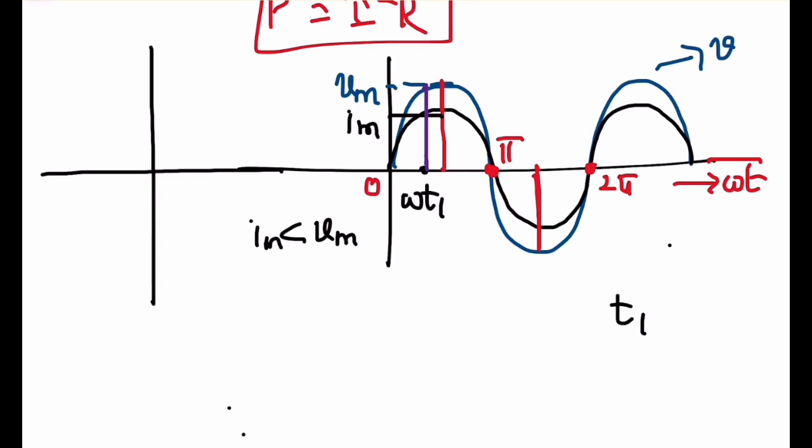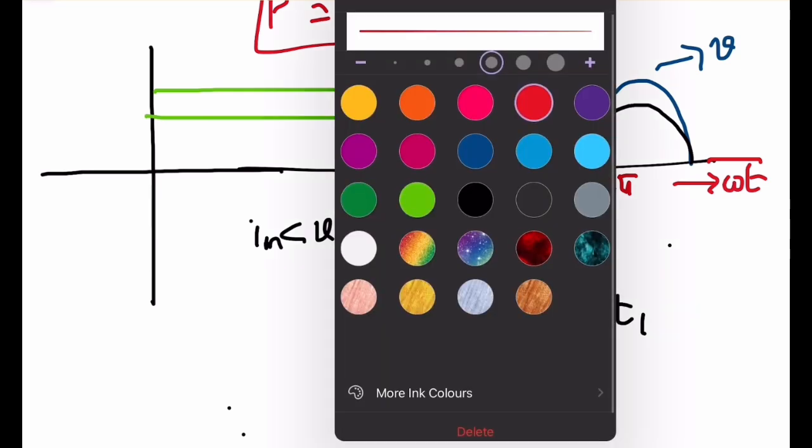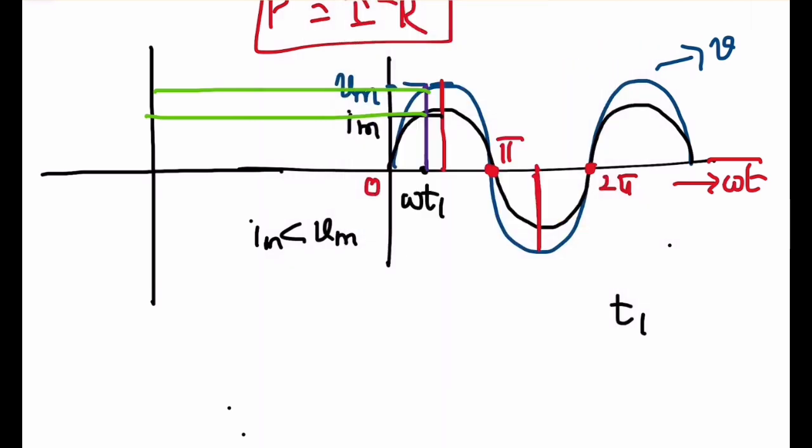Draw straight lines like this so that you will not get problem like this. Then how to draw these phasors? You can draw for voltage which is making an angle omega t with x-axis, and which has more magnitude like this, which makes an angle omega t1 at the instant of t1.